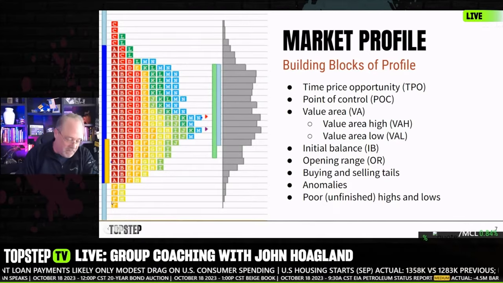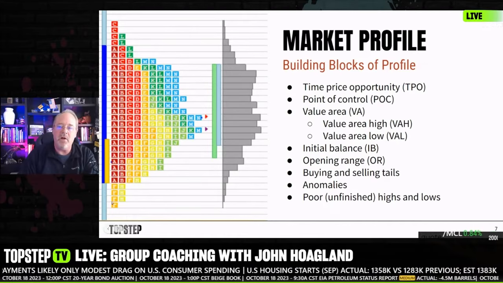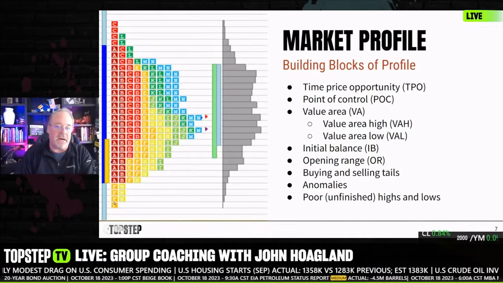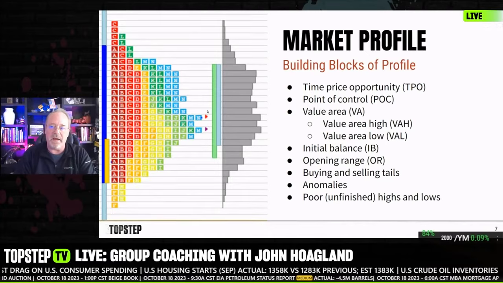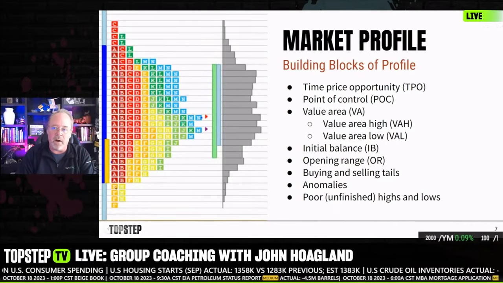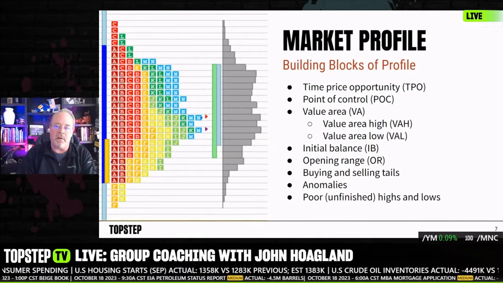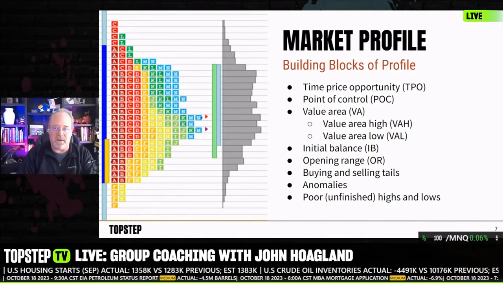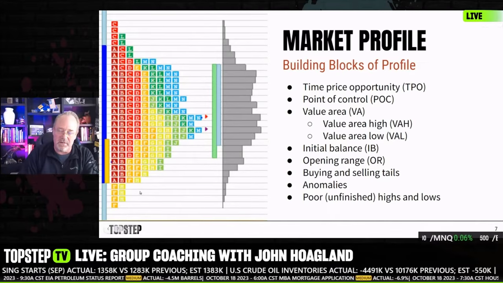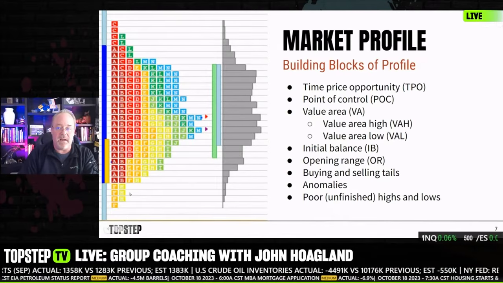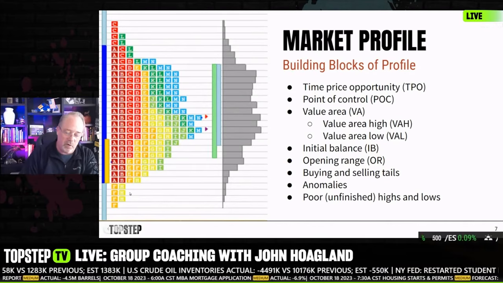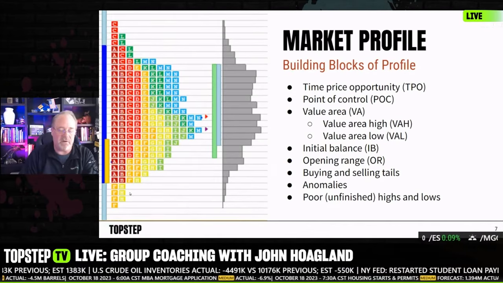So in TPO or market profile, the constant is time. The variable is price. Price can go anywhere at any time, but as long as we keep the time constant, we're going to get this picture of the Gaussian bell curve and when price may be leaving an area of balance, seeking new trade facilitation.